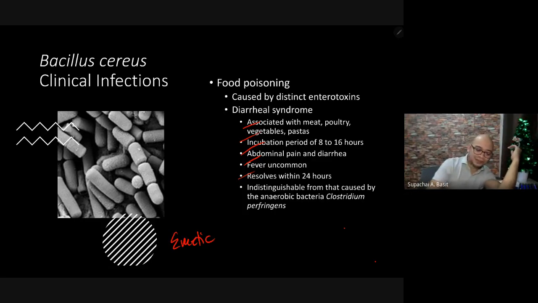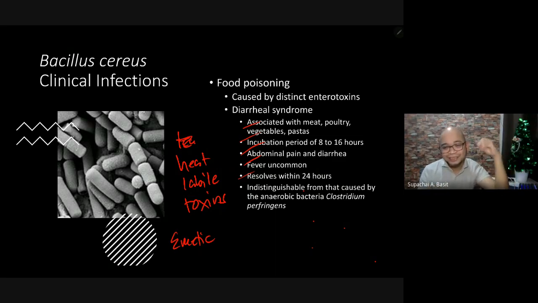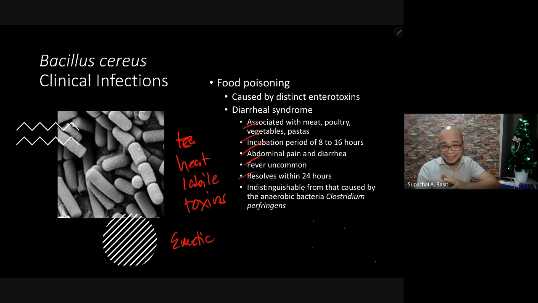So the diarrheal form is caused by heat labile enterotoxins. So ibig sabihin ng heat labile, if you will be heating the food, the toxin will be destroyed. But there are some foods that are not really being heated, such as yung mga salad or yung mga cold cuts, di ba? Hindi naman sila hiniheat. So the chances of us getting diarrheal form in this food would be very high.